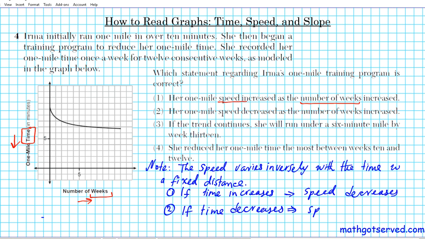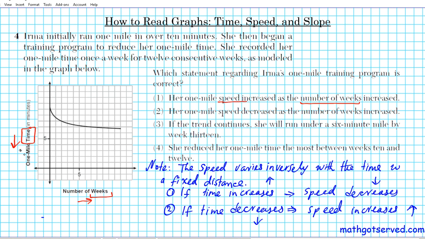That's why you are able to cover that same distance in a shorter period of time. Just think, inverse means when one goes down, the other goes up. So time decreases, speed increases, and when time increases, speed decreases. So you see the connection here.